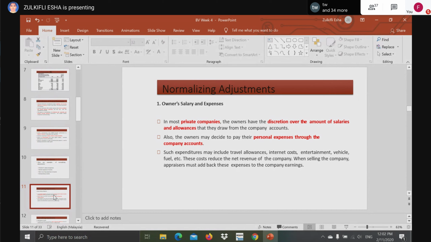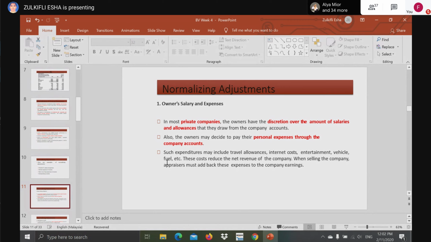In that sense, you may need to reduce your owner's salary to 10 to 12,000 to make it normalized with other companies within the same industry. So that's what it means with normalizing adjustment.